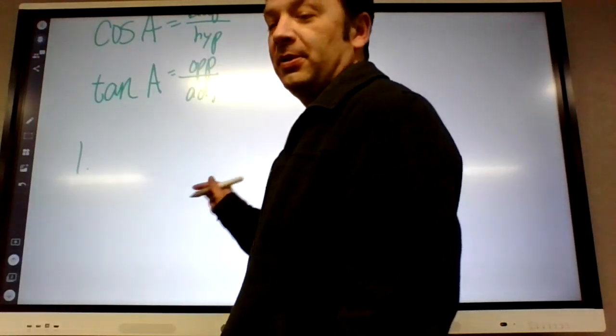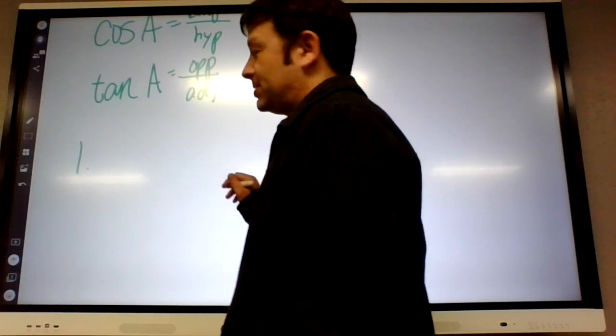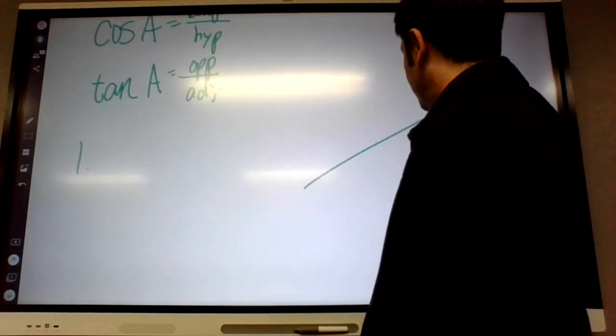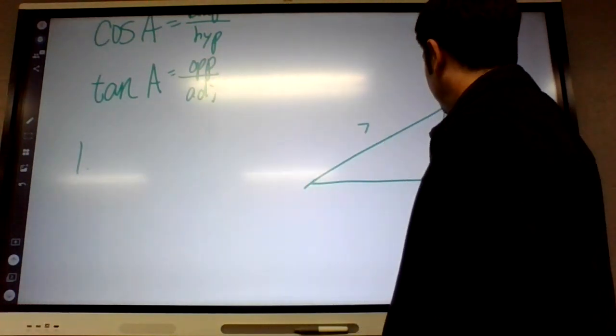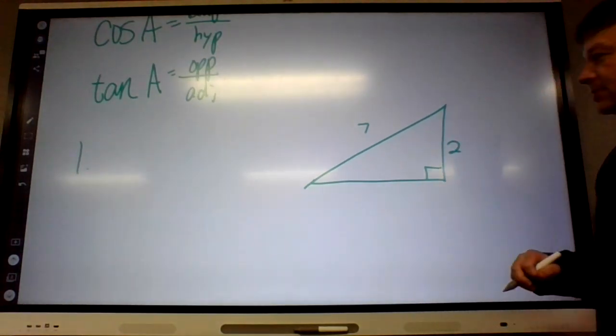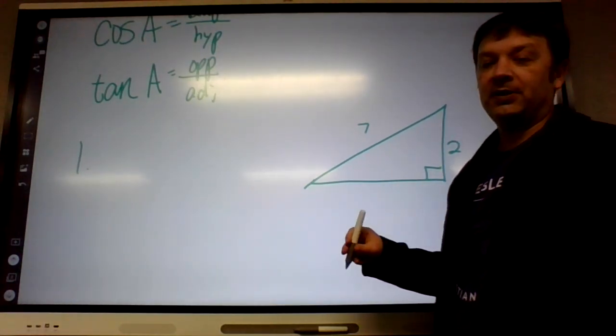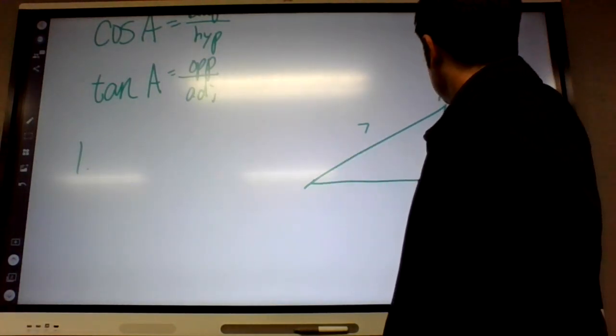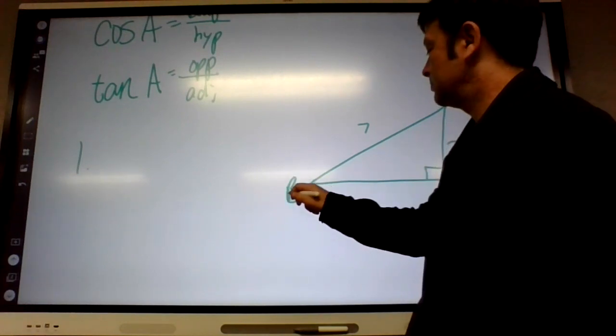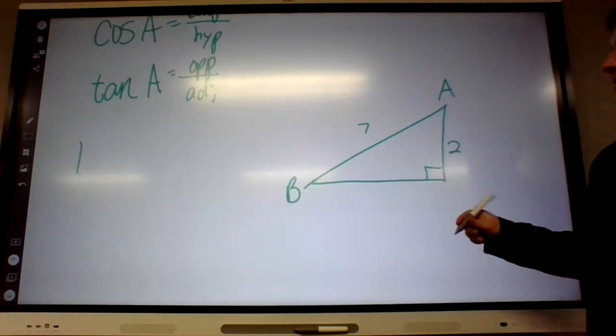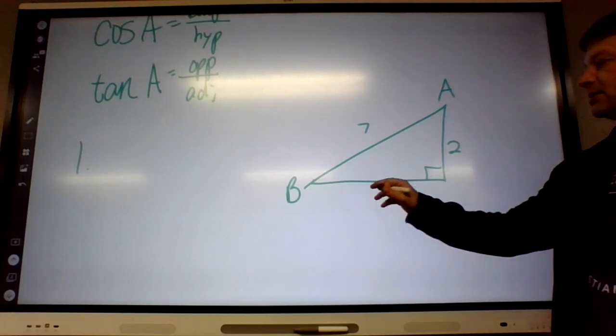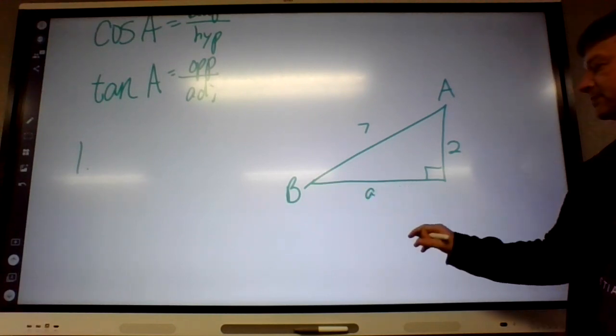So, on the triangle that we're using, we only have two sides. So how can we find the other side? It's x squared plus 2 squared equals 7 squared.